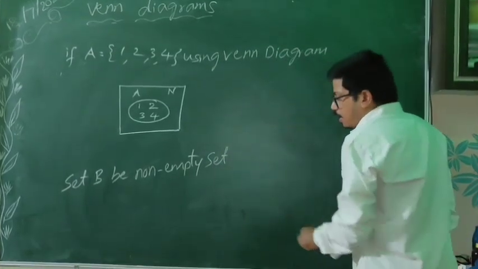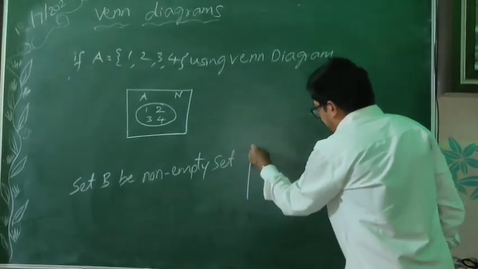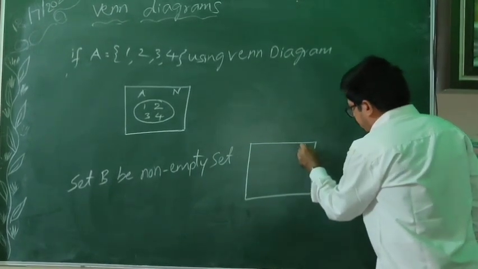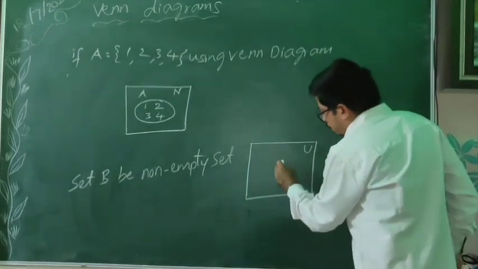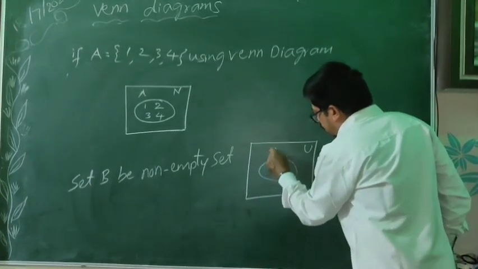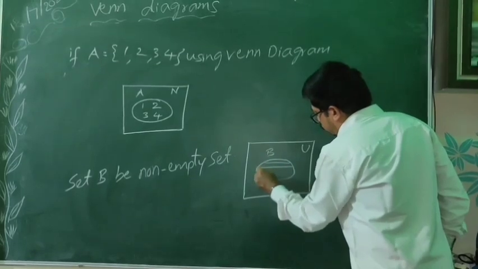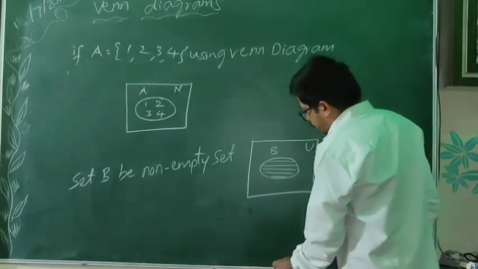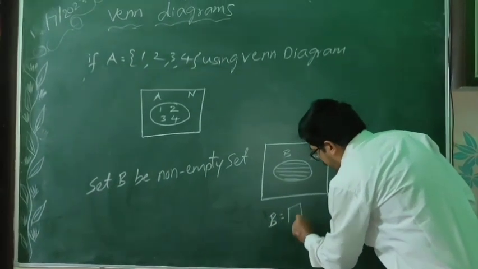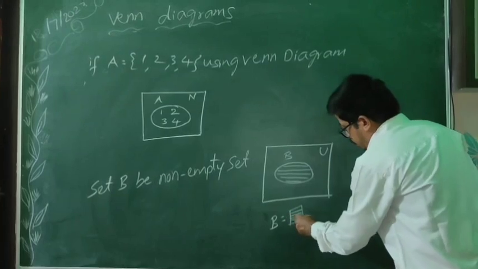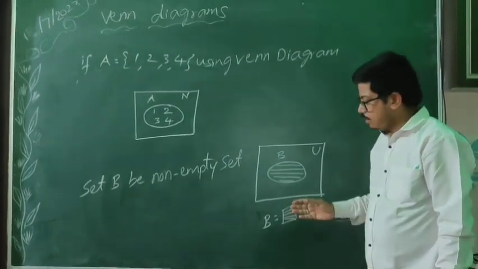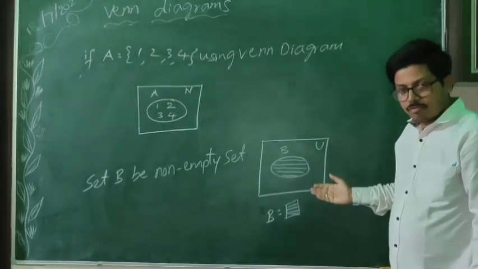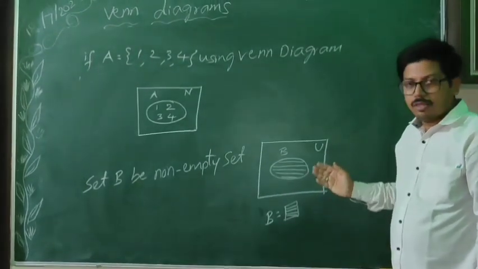For this I have to show it as a Venn diagram using a universal set U and set B through shading, because it is a non-empty set. So B is like this. Of course, you can use different types of shades. I have used horizontal shading; you can use vertical or cross or anything you like.